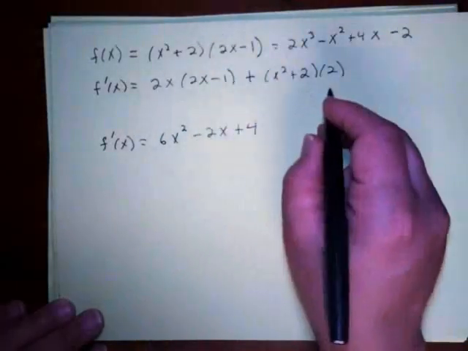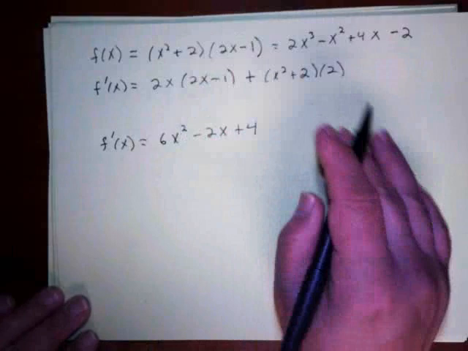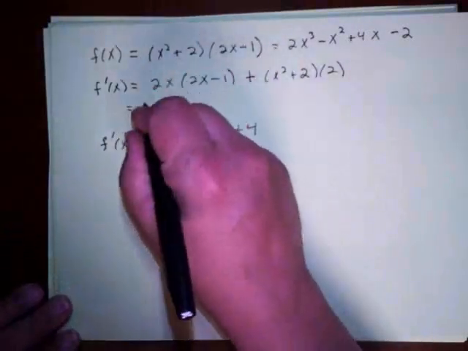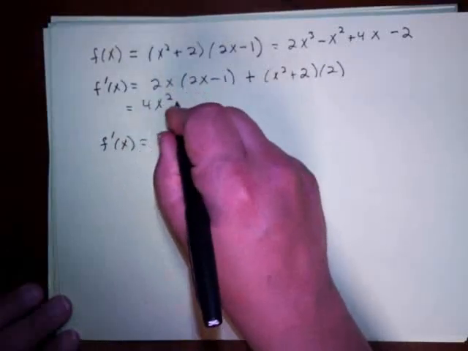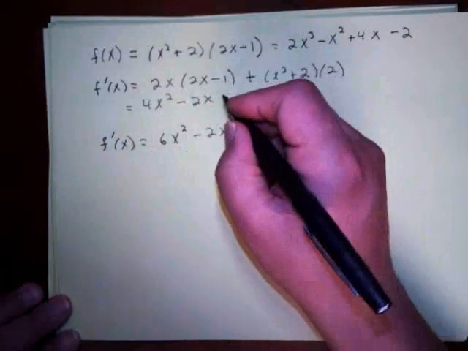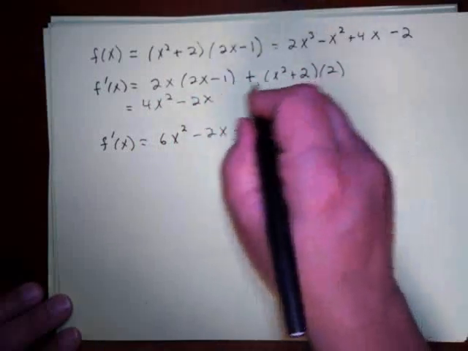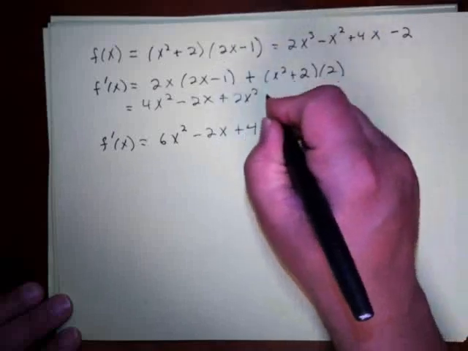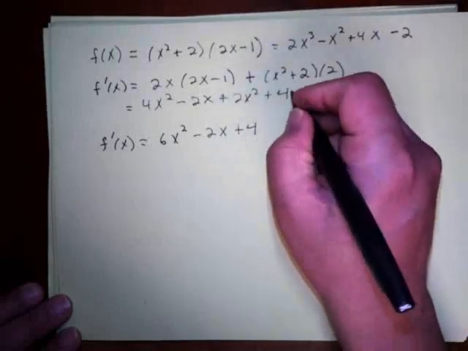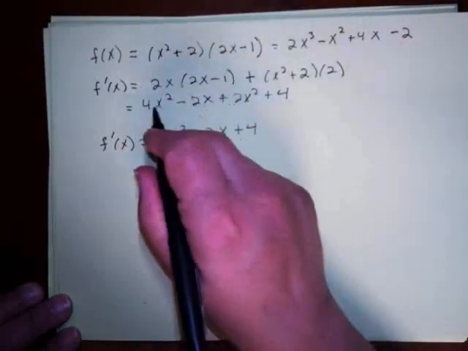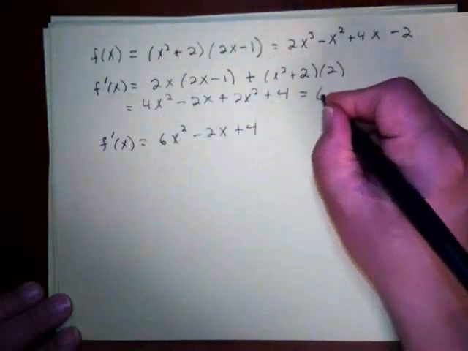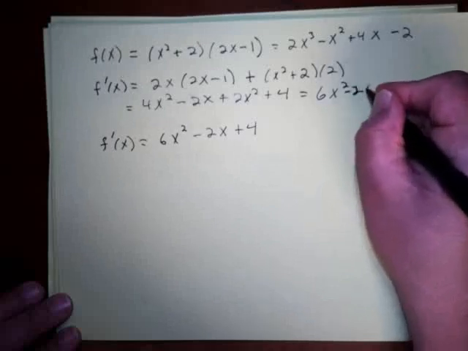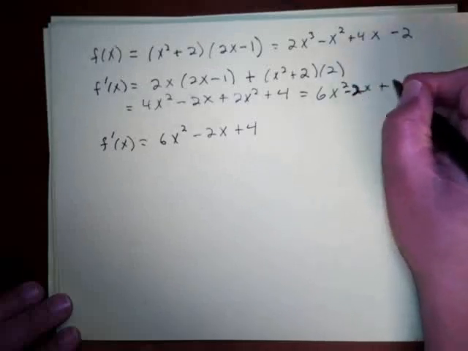So this and this should be the same if the product rule really works. So let me simplify this and see what we get. So this would be 4x squared minus 2x. And this would be plus 2x squared plus 4. Okay, and now these two can be combined, and I would get 6x squared minus 2x plus 4.